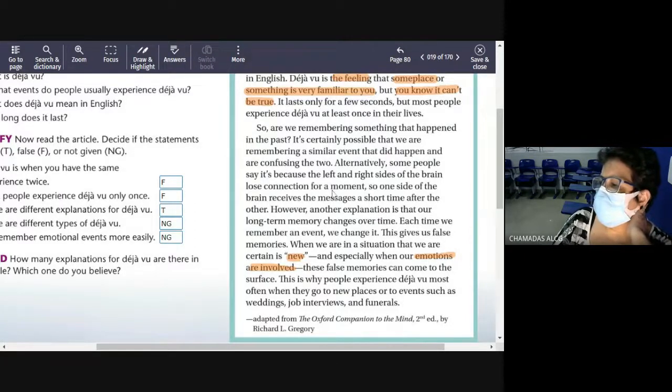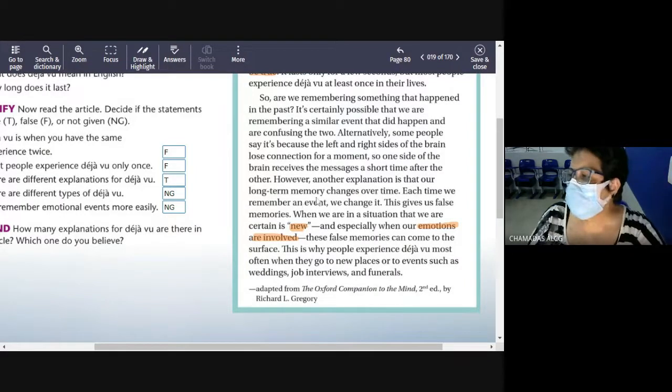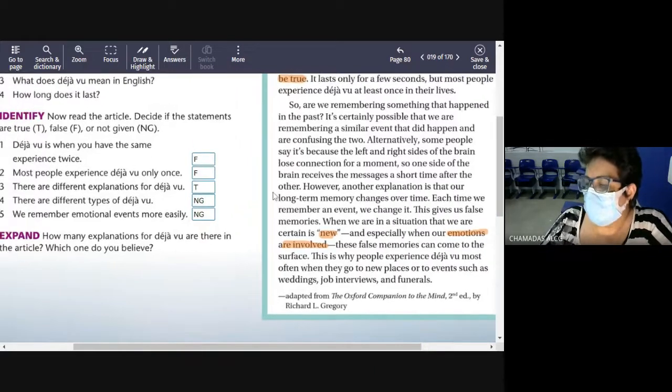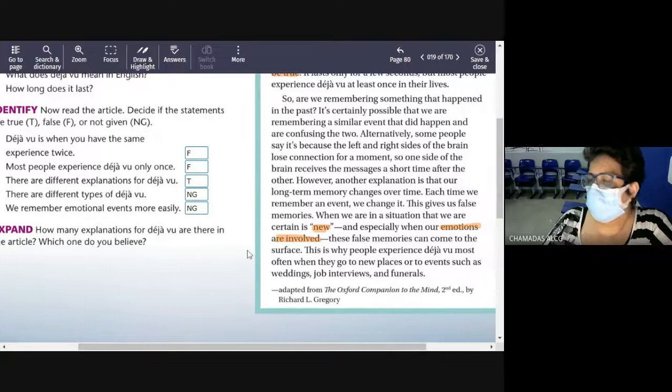All right, so here they have one because they say the left and right sides of the brain lose connection for a moment. Okay, and the other explanation is that our long-term memory changes over time. Okay, so it seems to be two explanations for déjà vu. And which one do you believe in?